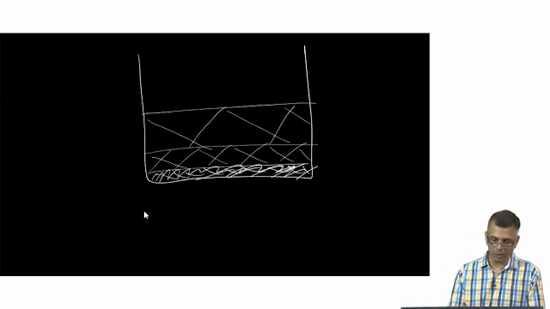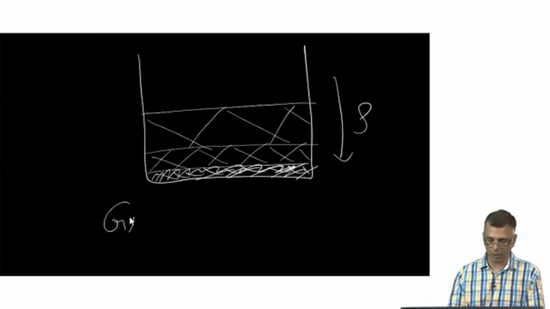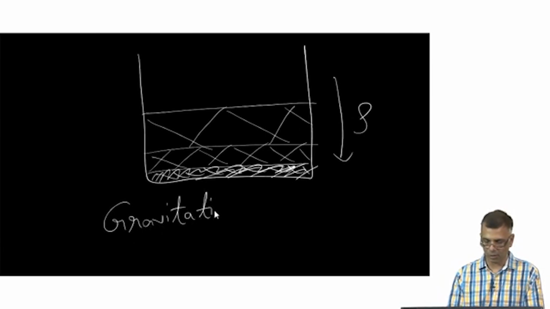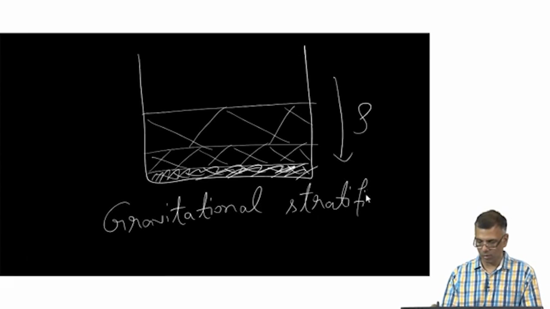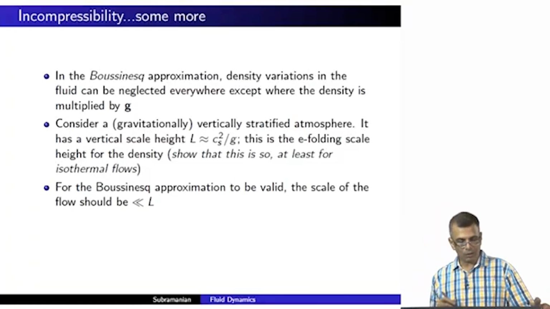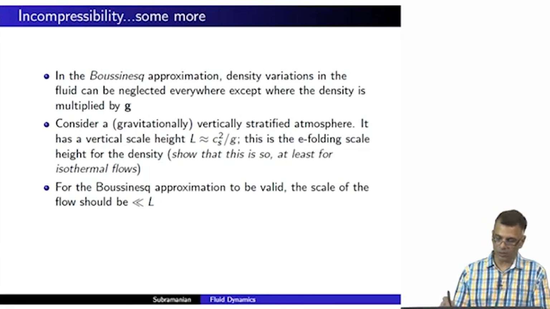So the density would increase like this. So this would be an example of a gravitational stratification.